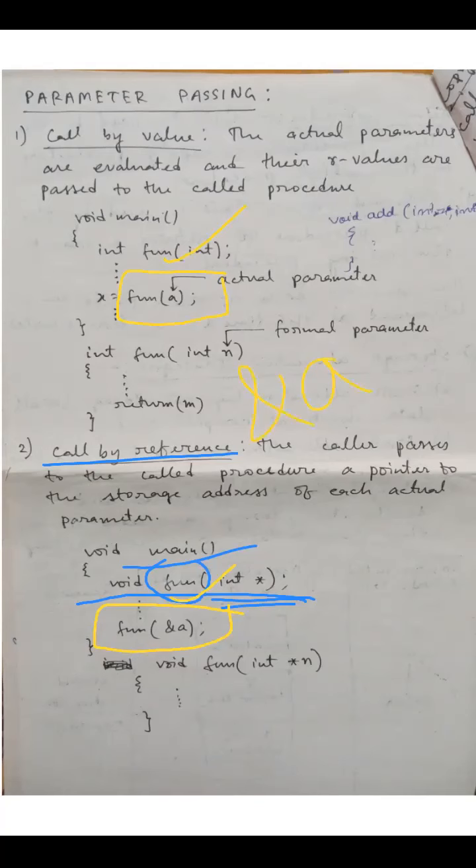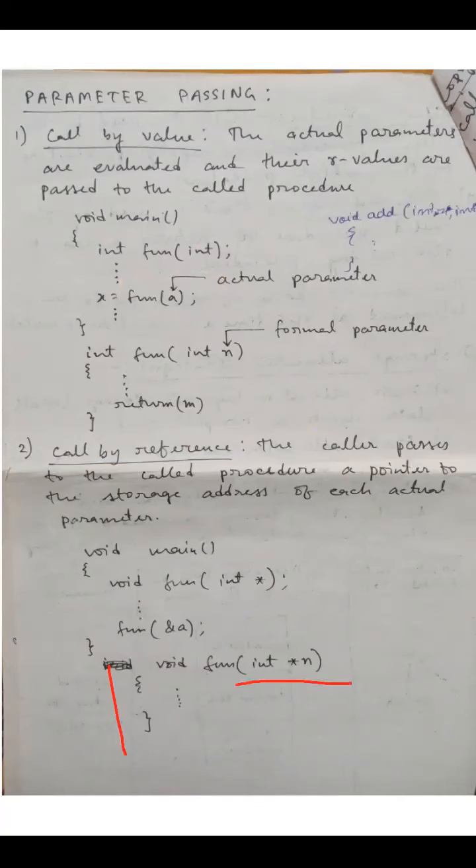Now look at the function definition part. Here we have written fun(int *n), but in the previous case we wrote fun(int n). So look at the difference. When we pass a simple value, we write simple int n or float n, without star. But when we pass an address, then in the argument part we write int *n or float *n, depending on the type of the variable.